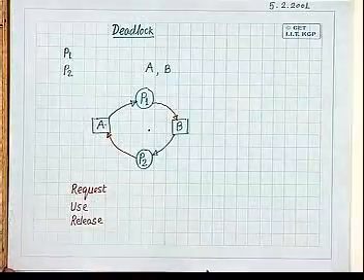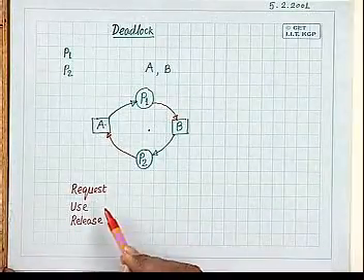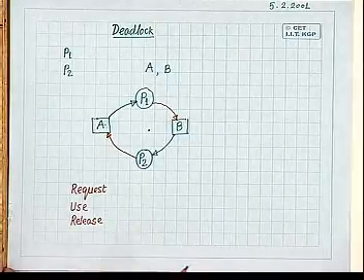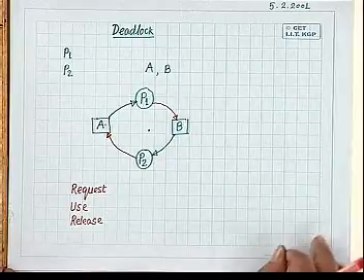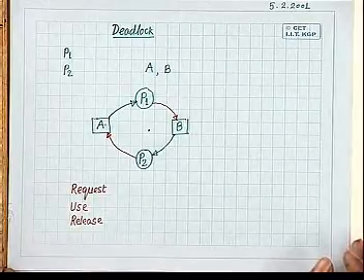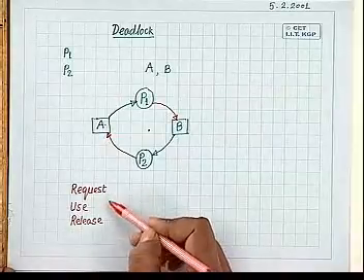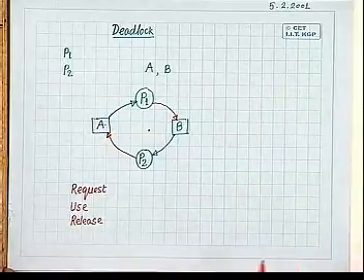Now, this is the sequence in which the resources are to be requested, used, and released by the processes. Now let us see how to formally define a deadlock. I have just given the concept of deadlock and the way in which the resources are to be used.